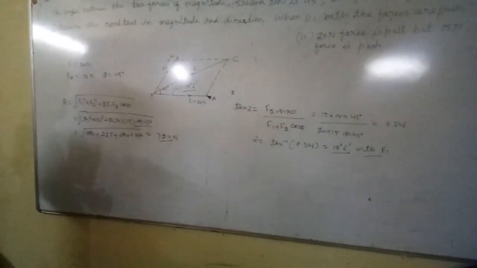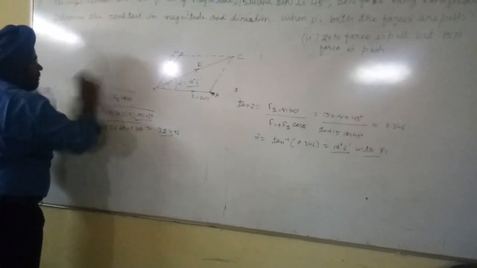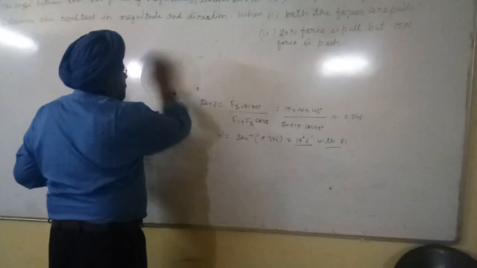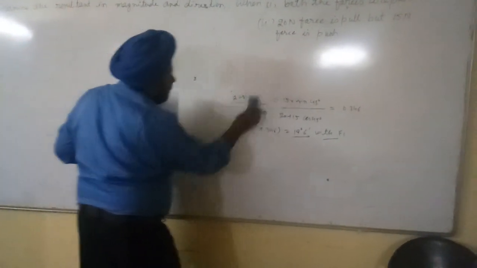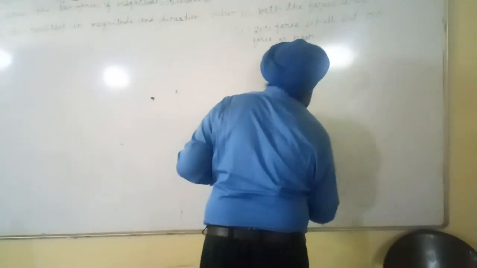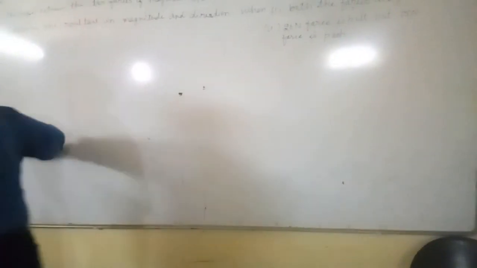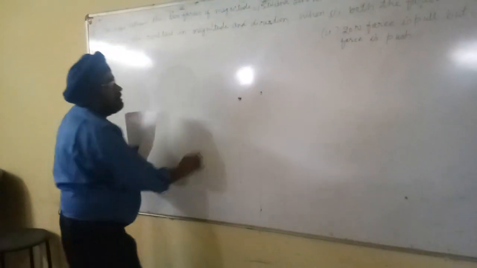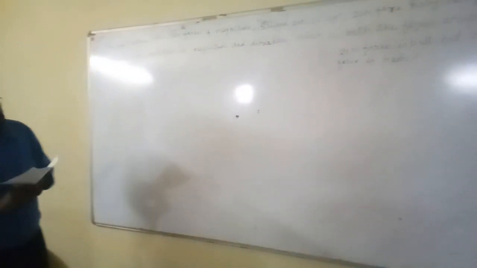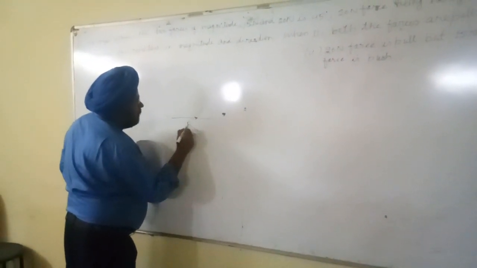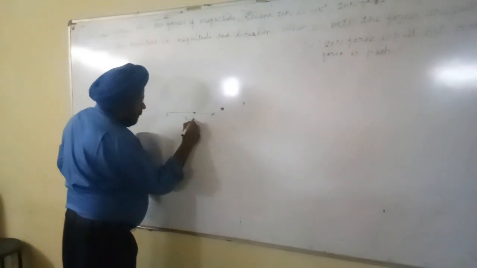So in that case, the 20 Newton force is the pulling force, F1 equals OA, 20 Newton.